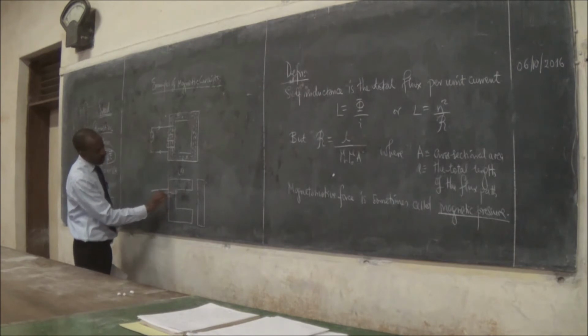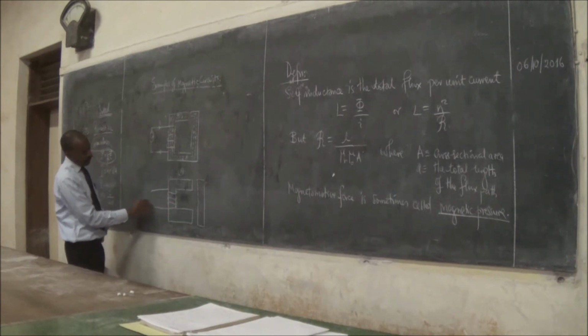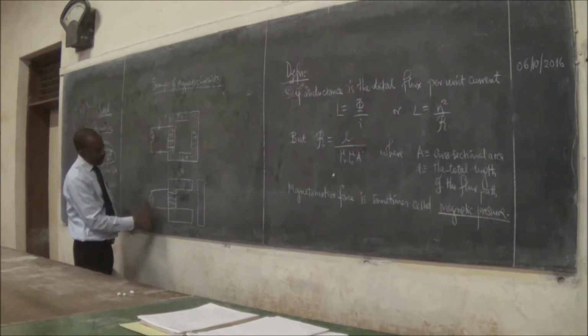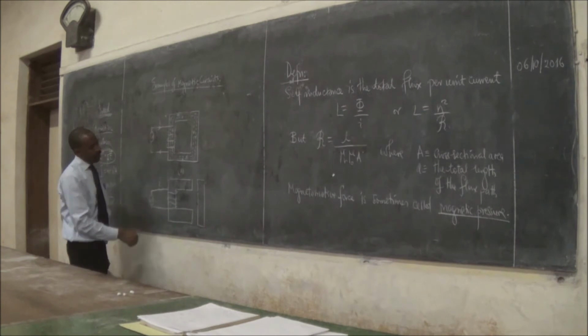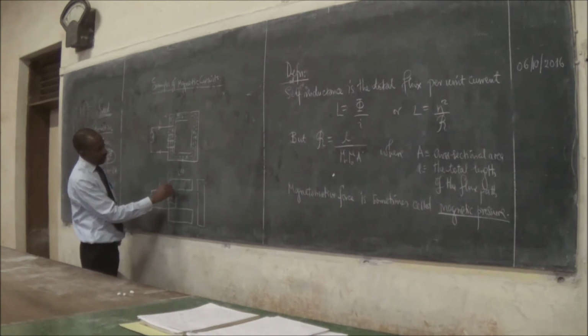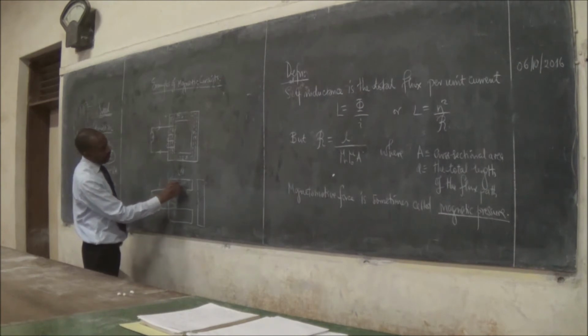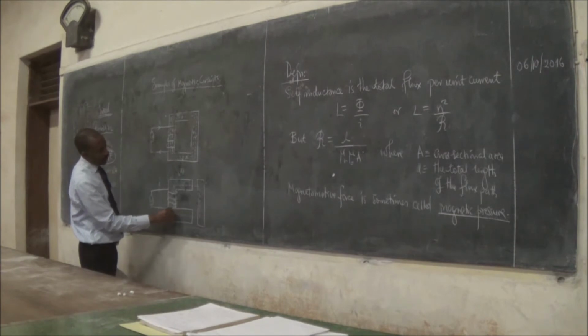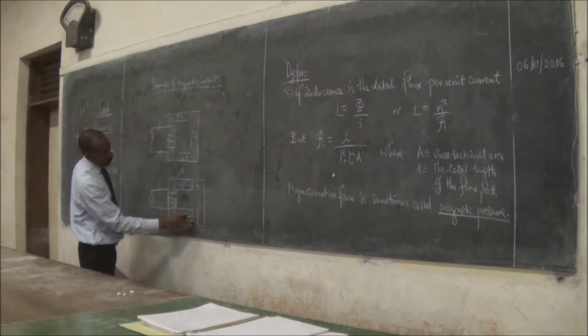So I still have my coil here. I have the current source. This is the current. Then I will have the current in this direction, and the field lines going across and interacting with this other material on the other side.